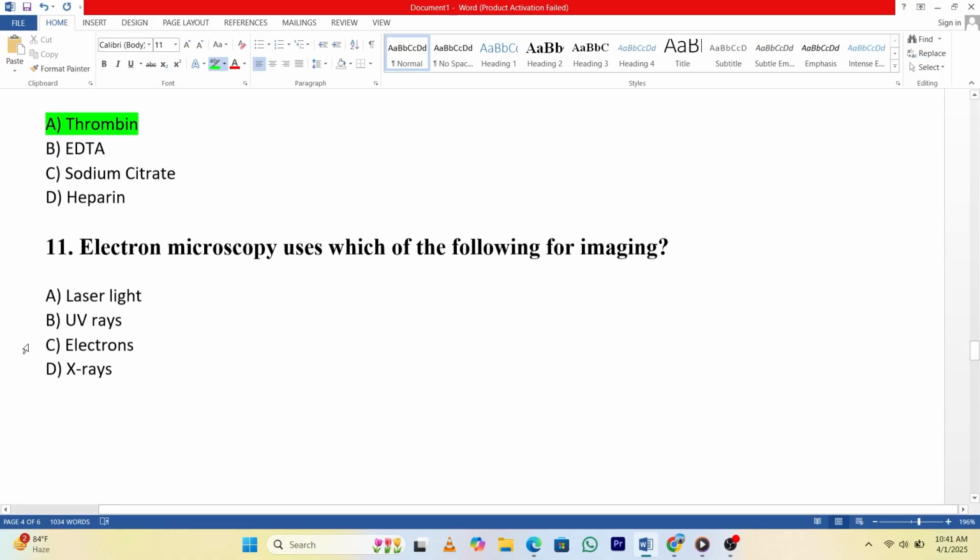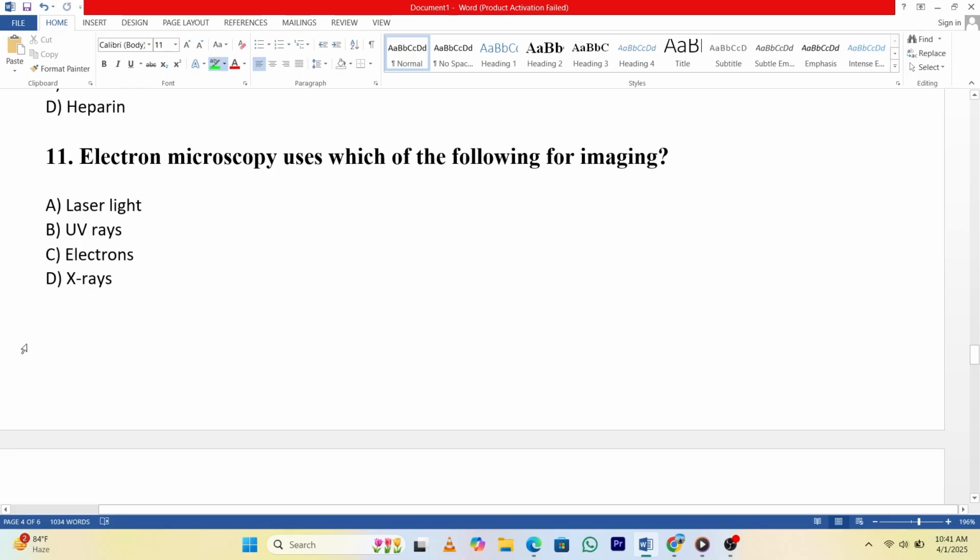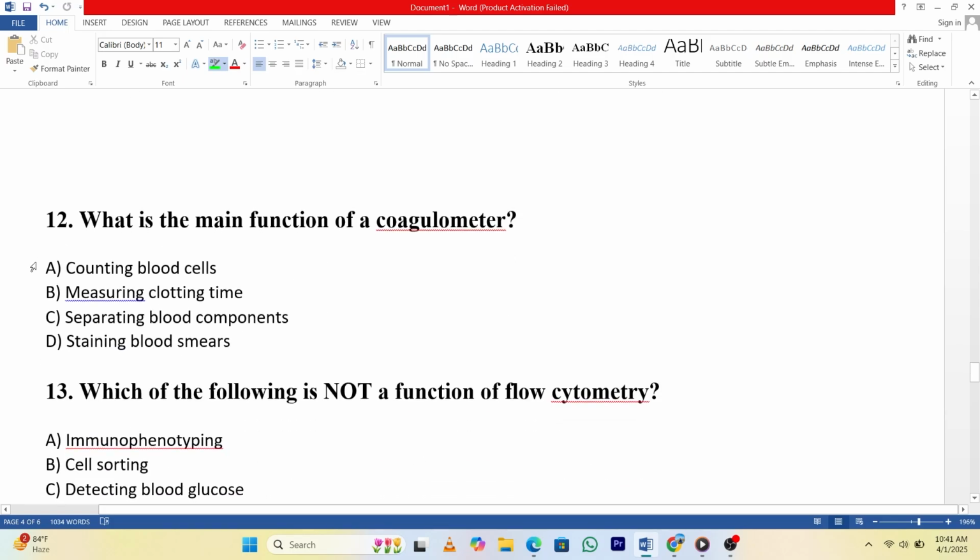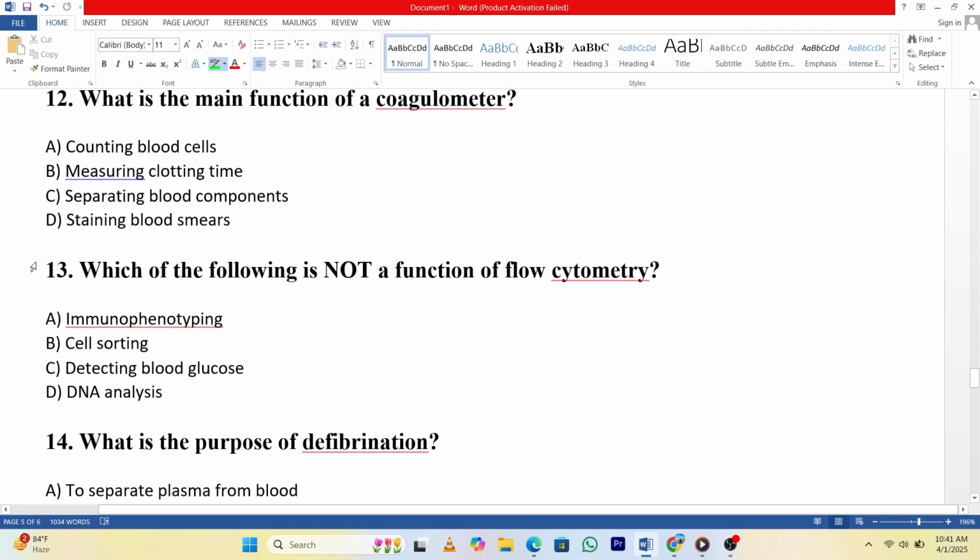Electron microscopy uses which of the following for imaging? A. Laser light. B. UV rays. C. Electrons. D. X-rays. Answer: C. 12. What is the main function of a coagulometer? A. Counting blood cells. B. Measuring clotting time. C. Separating blood components. D. Staining blood smears. Answer: B.